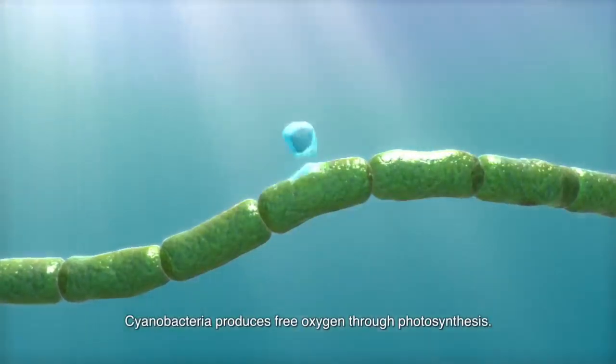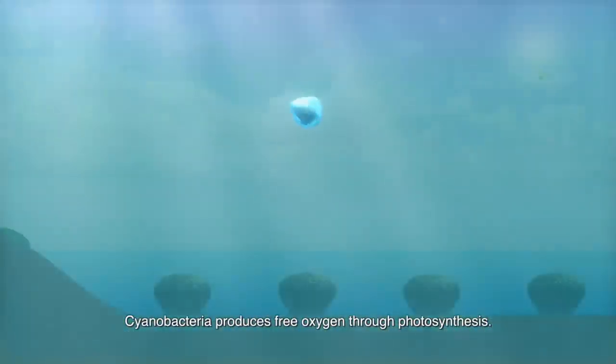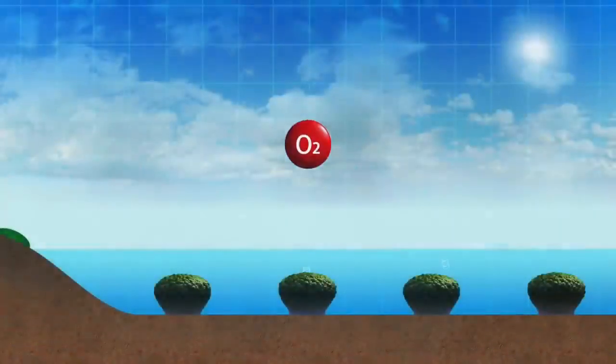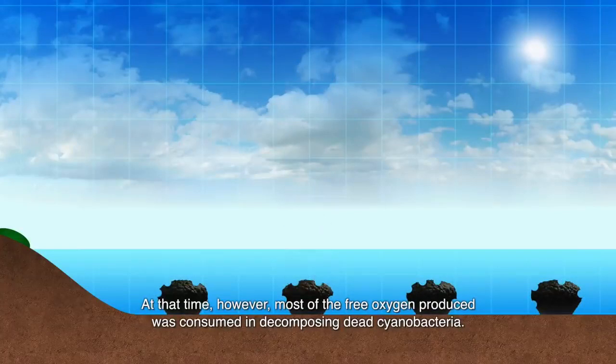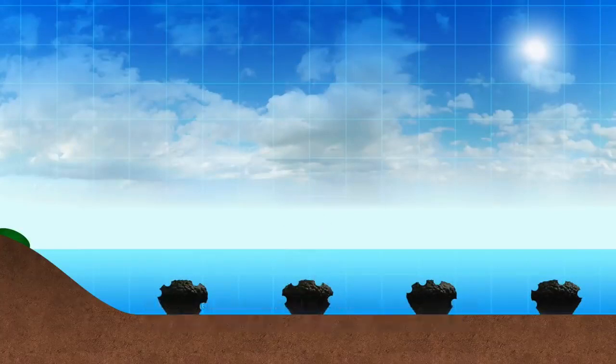Cyanobacteria produces free oxygen through photosynthesis. At that time, however, most of the free oxygen produced was consumed in decomposing dead cyanobacteria, so very little free oxygen accumulated in the atmosphere.